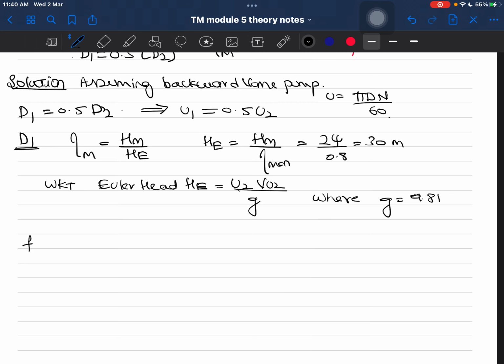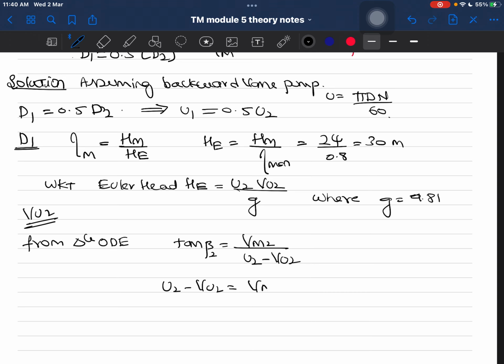So from the triangle, you are now to calculate what is Vu2. Can I apply tan beta 2? That would be equal to Vm2 divided by U2 minus Vu2. So U2 minus Vu2 is nothing but Vm2 divided by tan beta 2.